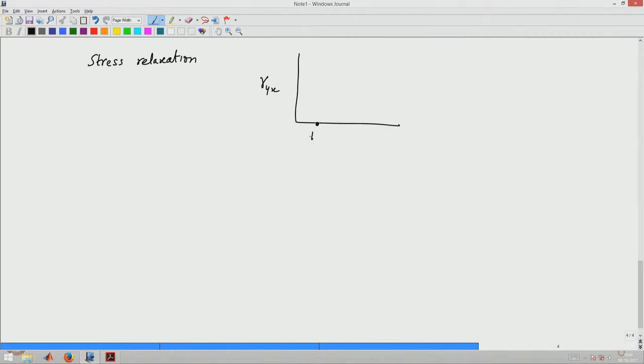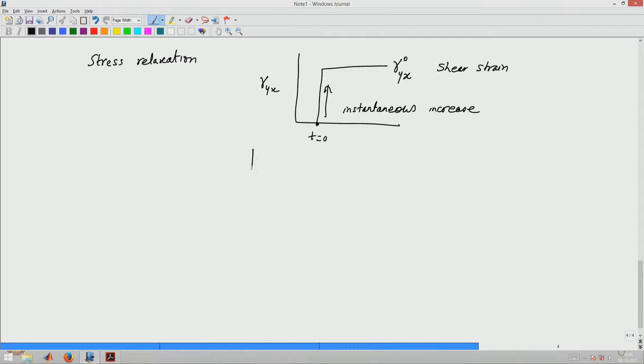At time t equal to 0, we apply a constant gamma naught y x, which is the shear strain. It may not be possible to do this instantaneously, this change is assumed to be instantaneous. So, an instantaneous increase in step strain may not always be feasible.